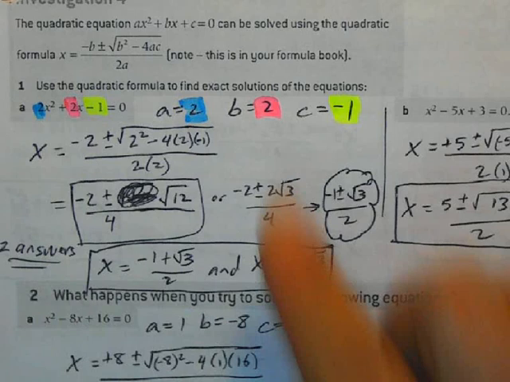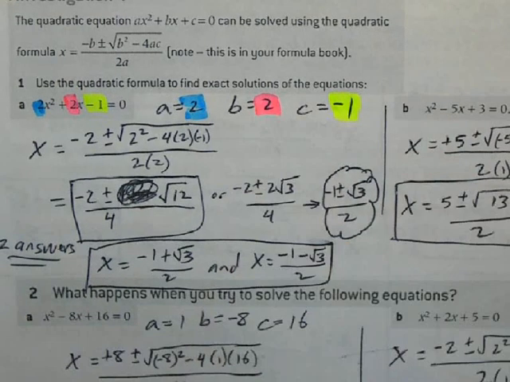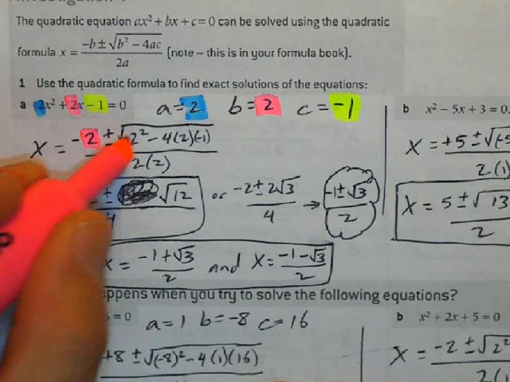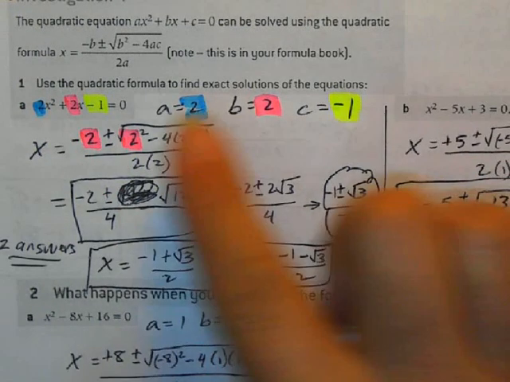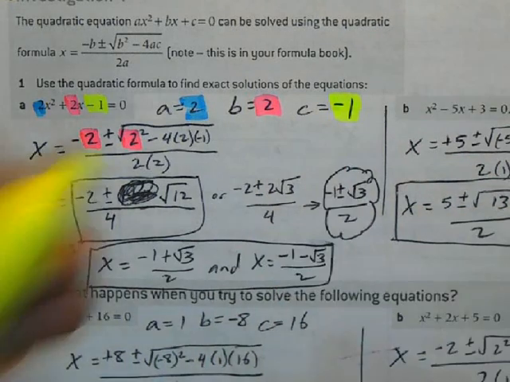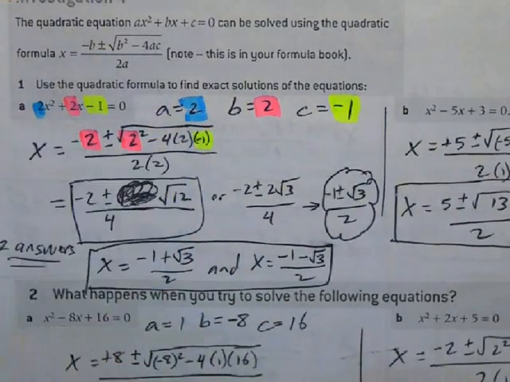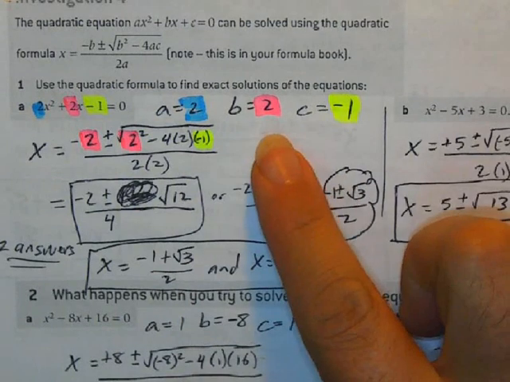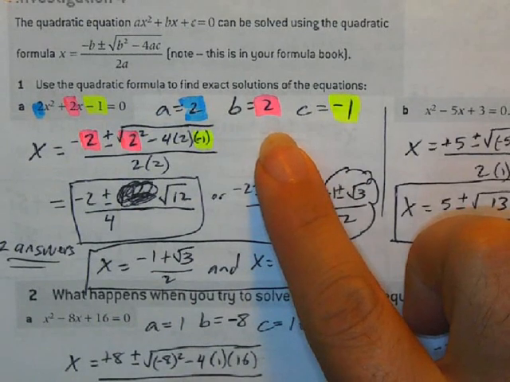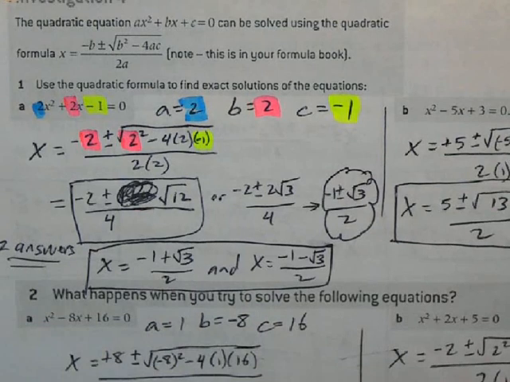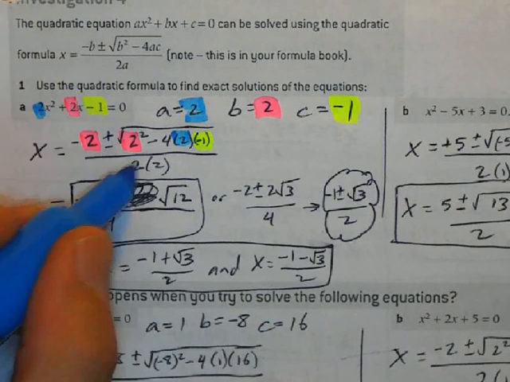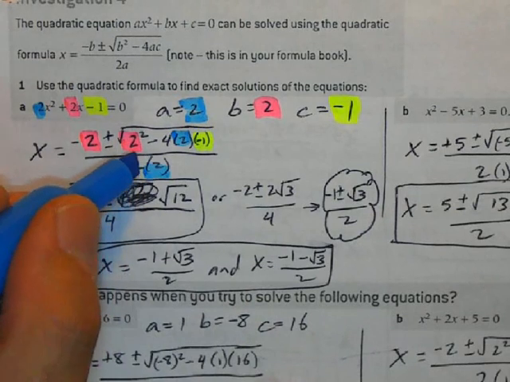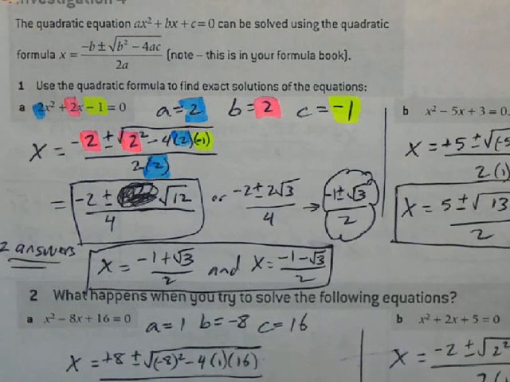Our b is here, our c value is right here, and our a value is right there and right there. Okay, and so if I plug in the a values, the b values, and the c values, it simplifies.